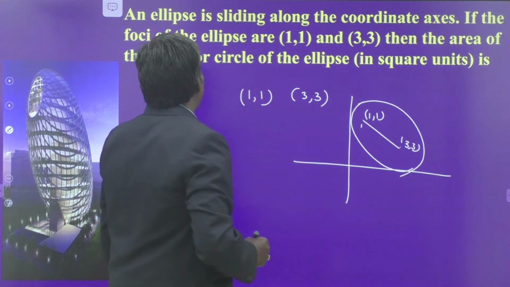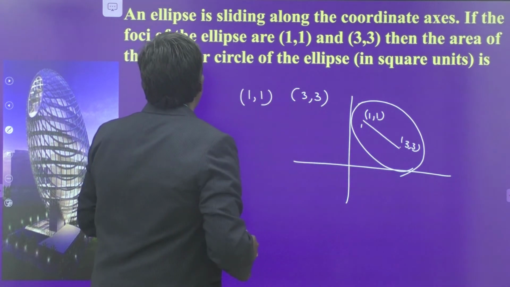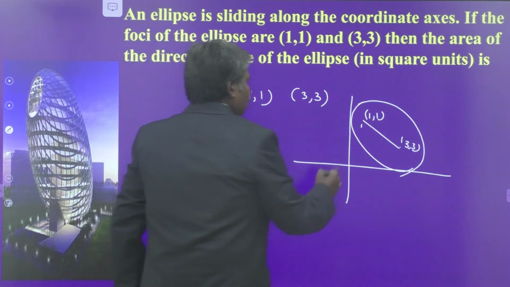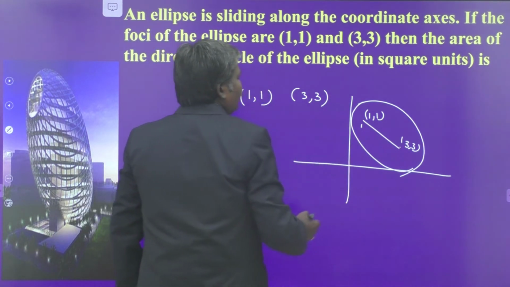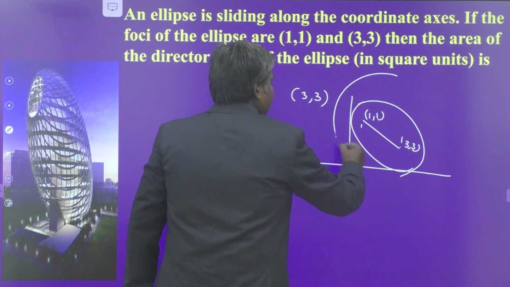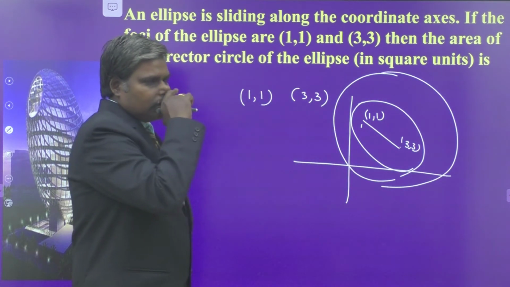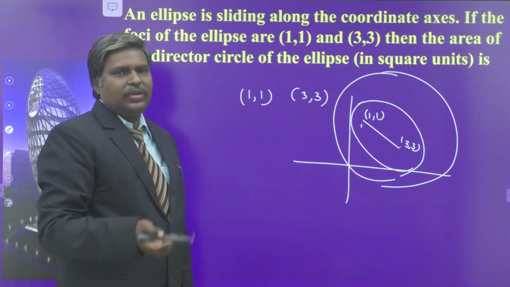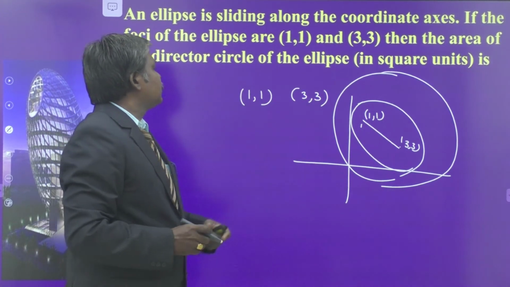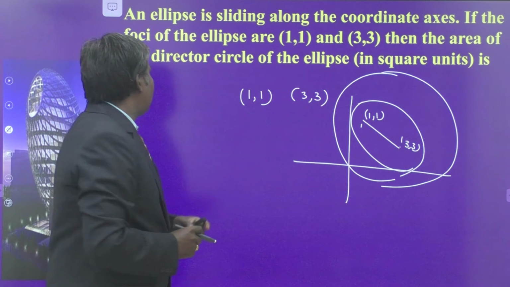Then we have to find out the area of the director circle. Director circle means the locus of the point of intersection of perpendicular tangents. So once you know the radius of the director circle, you can easily find its area.